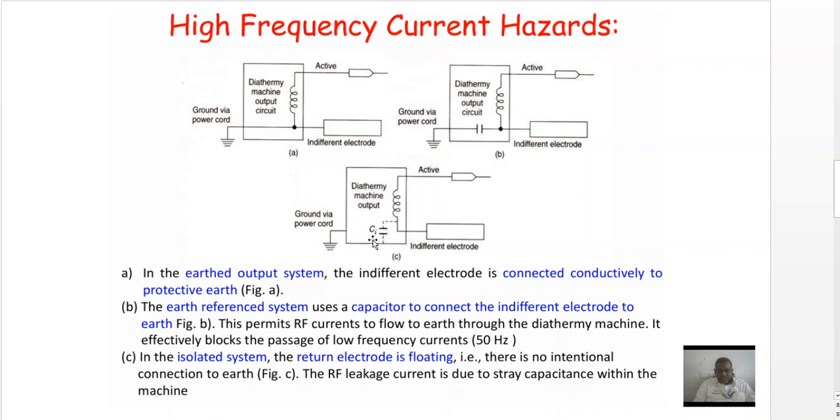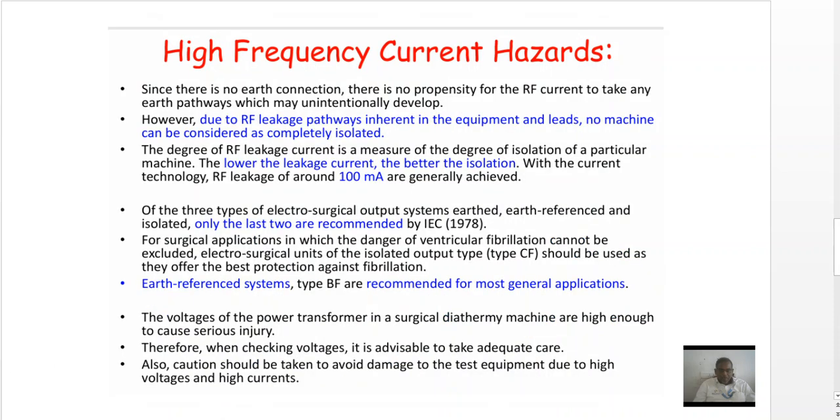It is not actual capacitance, it is a stray capacitance. So the current due to this stray capacitance will be grounded. The case of the machine is grounded, so that stray capacitance will be grounded. These are the current hazard and the protective measures.